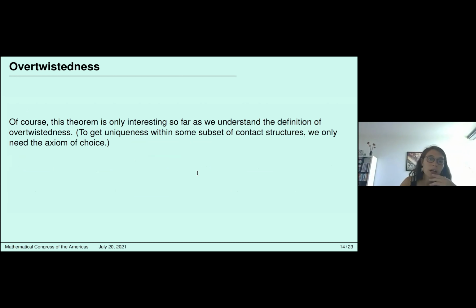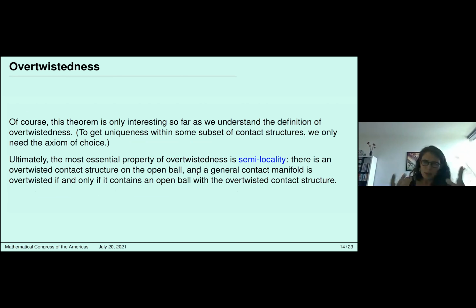The important part about overtwistedness is it's similar to these other phenomena which we've seen, which is what I'm calling semi-locality, which just means that it's defined by containing something. So if you have just a little bit of this thing, then you are overtwisted, and you become inside of this flexible class where anything is possible. Everything's ruled by topology.